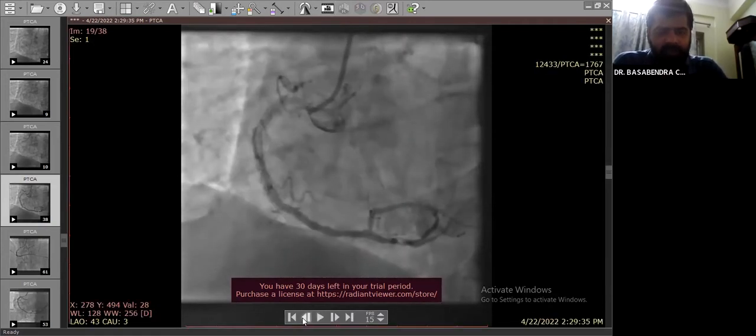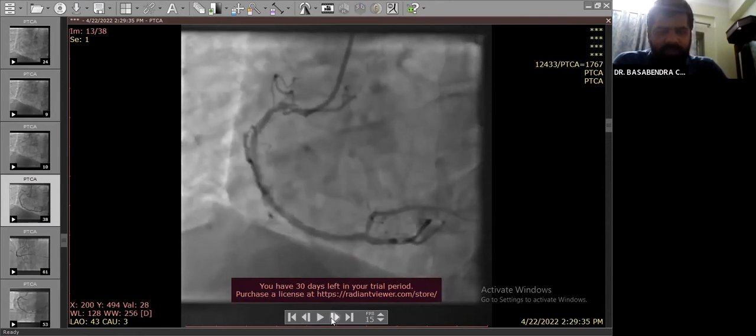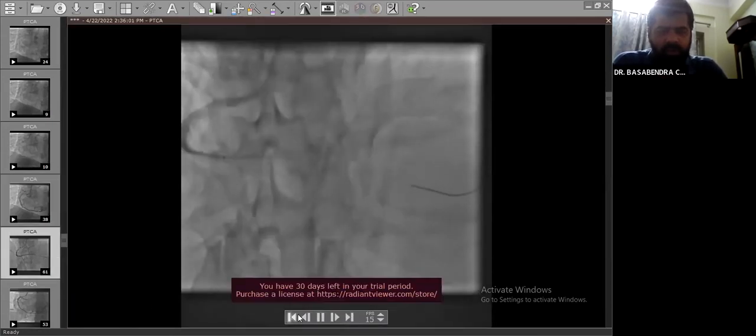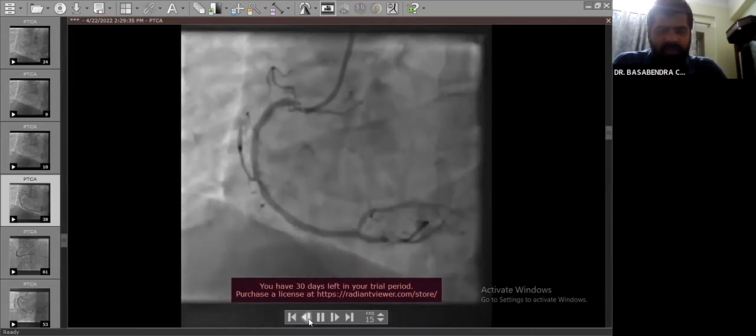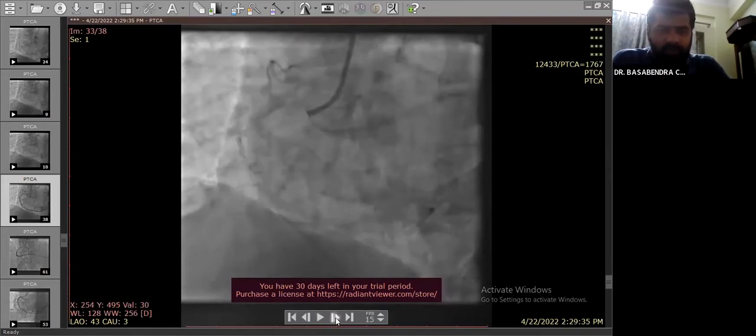After adequate predilatation, this was the picture. And at this point, we decided that we should go ahead and stent the artery.